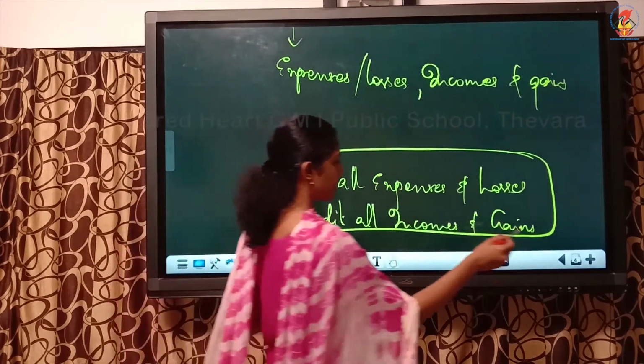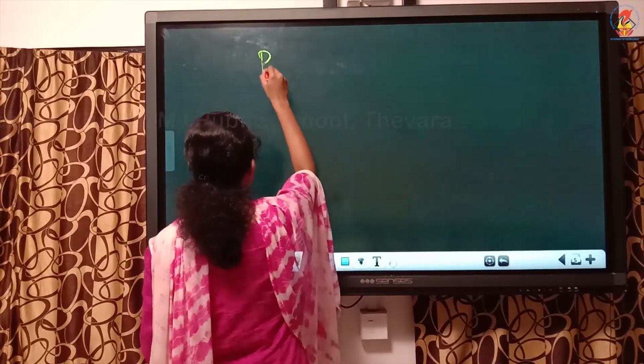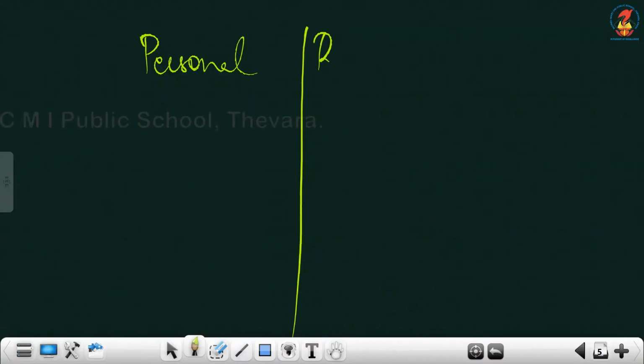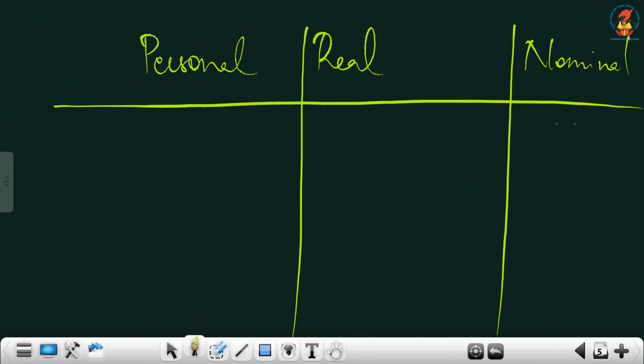So you do one thing, draw 3 columns, that is personal, then real, then nominal accounts. Now we will write the items under these heads.